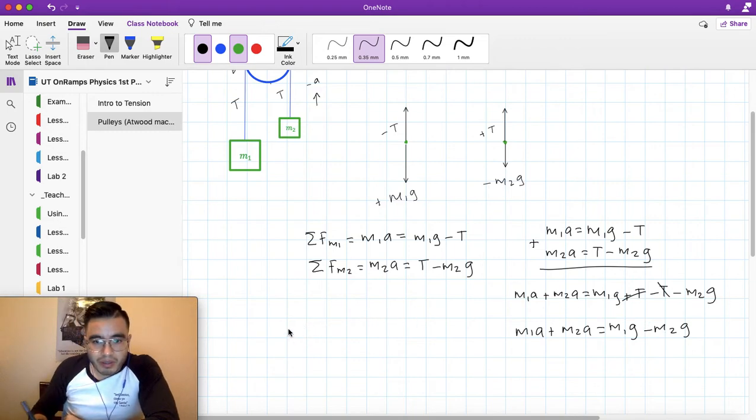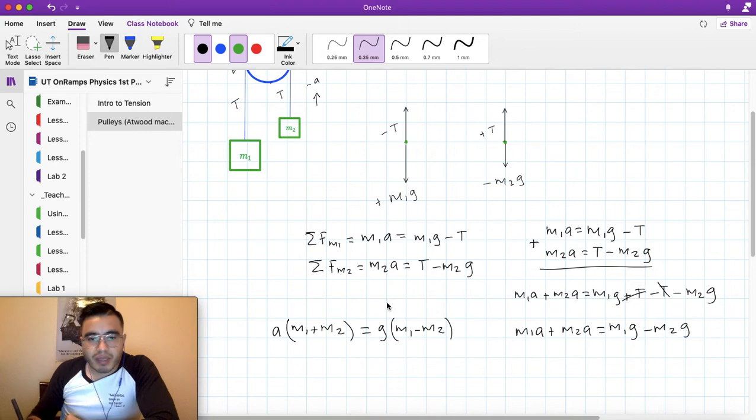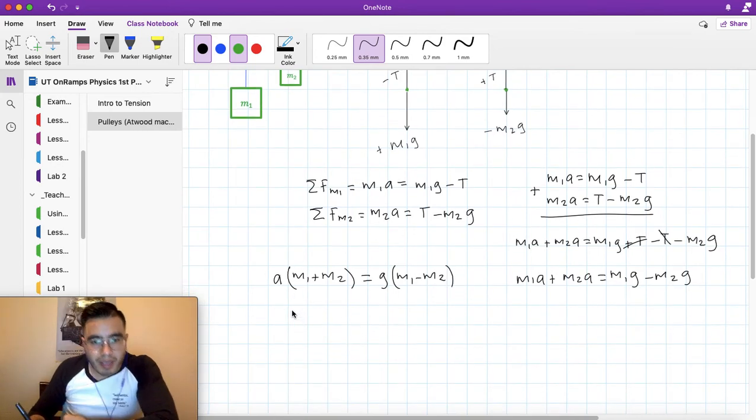Okay? So when we do that, we'll have acceleration times m1 plus m2 is equal to acceleration due to gravity times m1 minus m2. Right? Because if we distribute, it'll be a times m1, a times m2, same thing for the right side.